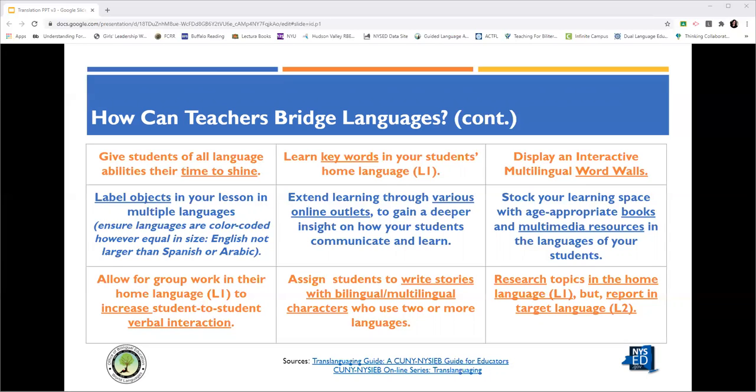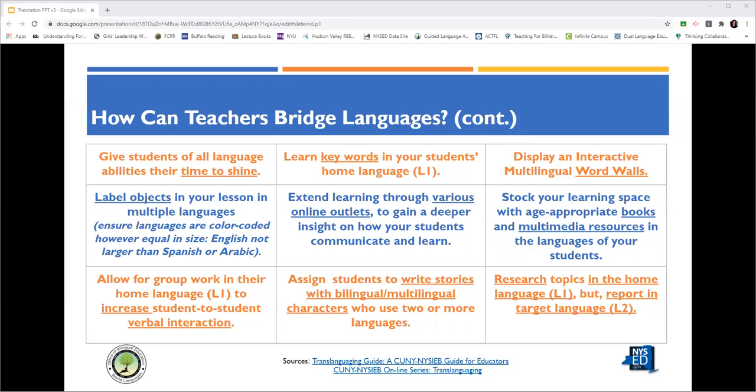In addition, you might want to consider stocking your learning space with age-appropriate books and multimedia resources in the languages of your students. By having books and digital resources in multiple languages, it allows students the opportunity to build upon their home language and learn a second or even a third language. If possible, use bilingual books and digital content that shows two languages side by side to help students make the connection between their L1 and L2.